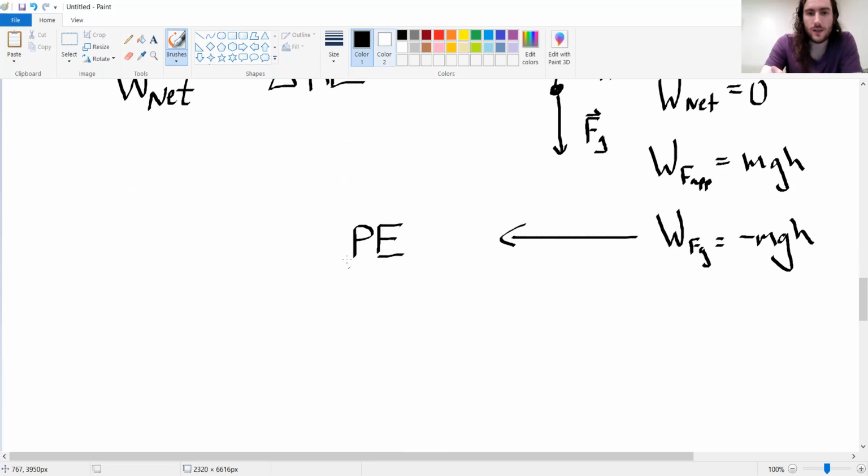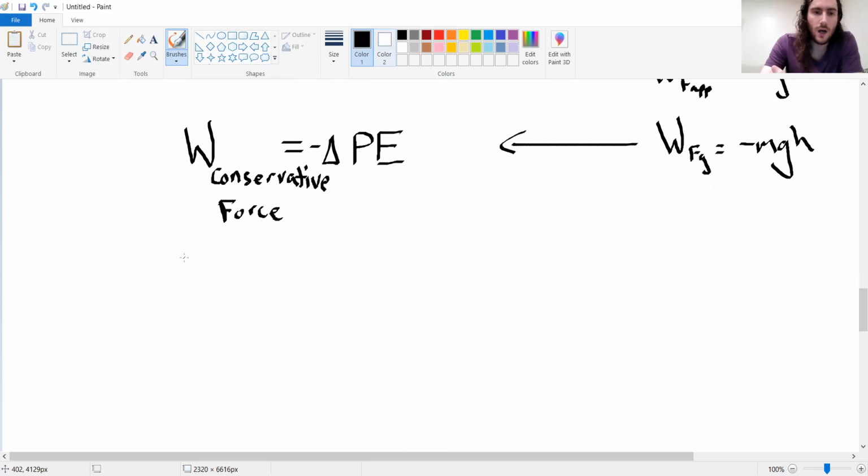Okay. And so the work done by a conservative force, just to really sell it here, it has to be done by a conservative force, which the force of gravity is a conservative force, is equal to minus the change in potential energy. Of course, the net work is always the change in kinetic energy.